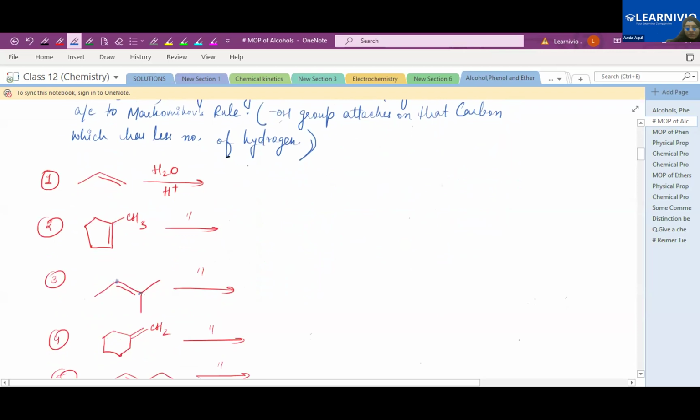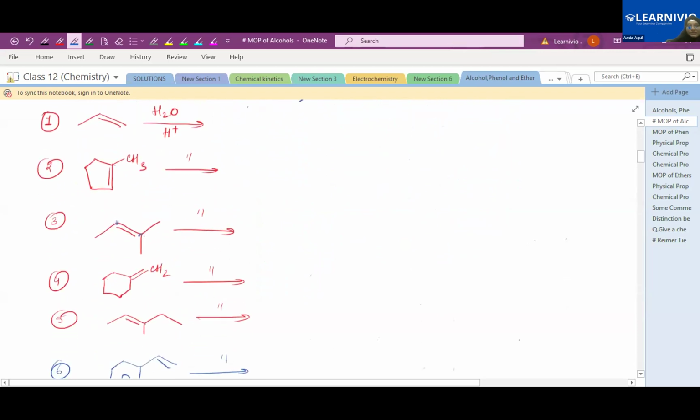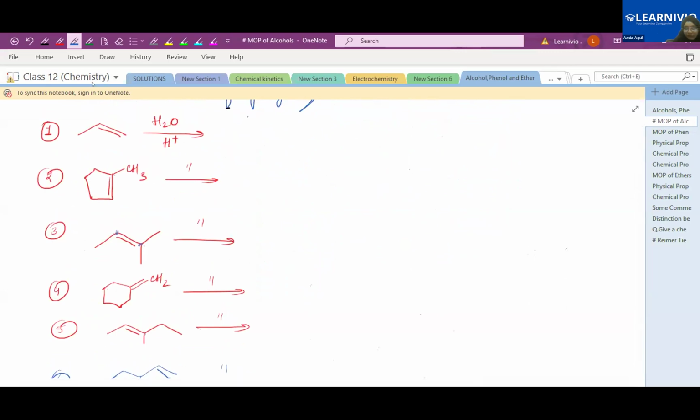Okay, now let's do these questions. I will do two questions for you, and the remaining ones you will do for me. So this is an unsymmetrical type of alkene. Suppose this is your A and this is your B. You can check on the A carbon how many hydrogens are there. Two bonds are there, so two hydrogens. And what about this one?